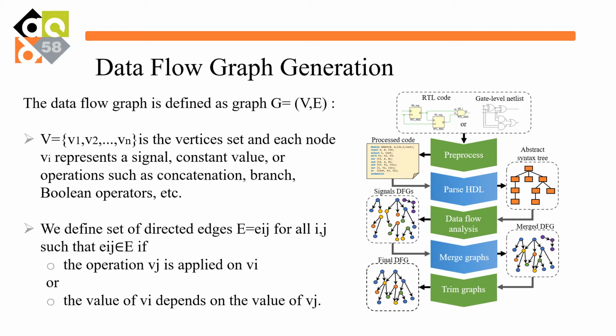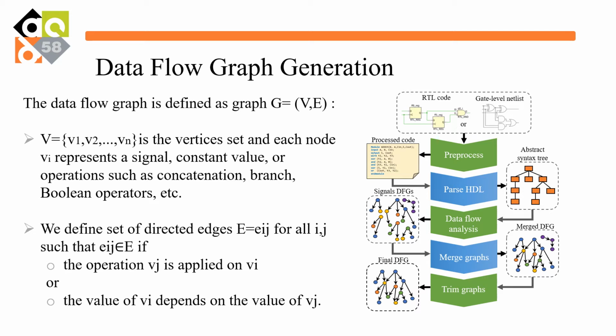Then we use a hardware design toolkit called Pyverilog to parse the HDL code and generate the abstract syntax tree. And then we use the data flow analyzer in the tool to generate the signals' data flow graphs. These graphs are trees that have each signal at the root, and the graph shows the data dependency and computational structure from that signal to other signals.